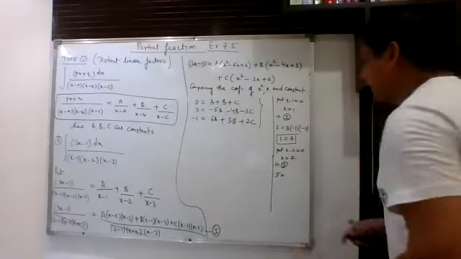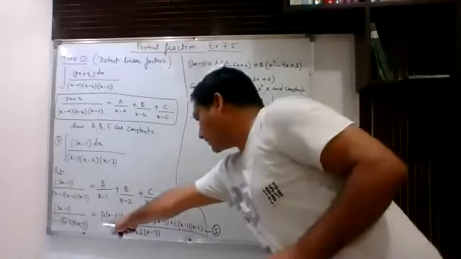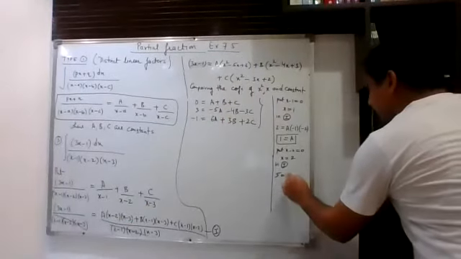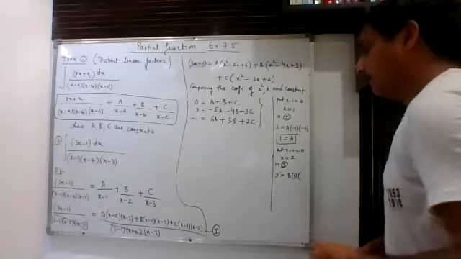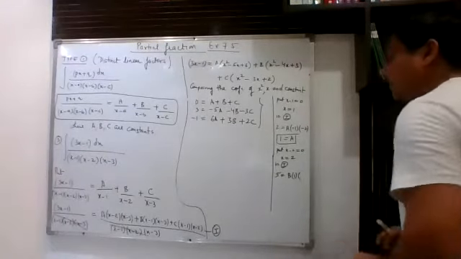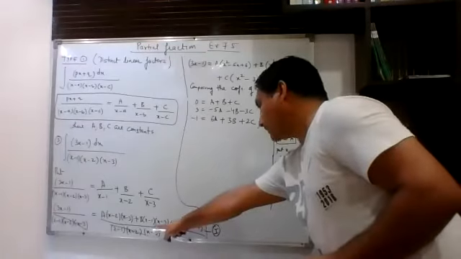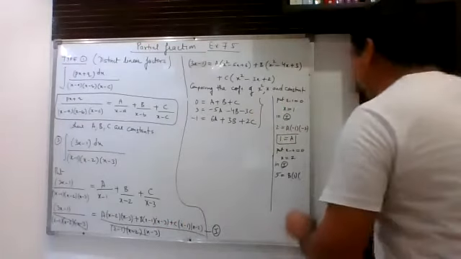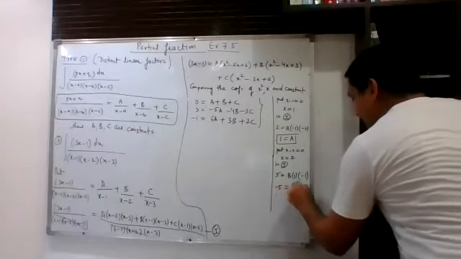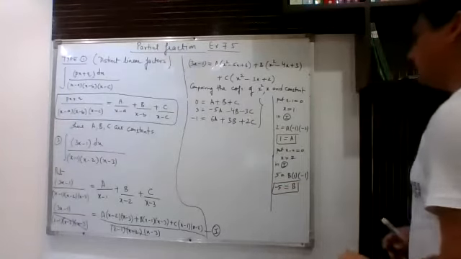So a will vanish because when you are putting 2, then this is 0. This is also 0. This will survive. Only b will survive. This will become b into 1. And here also we are putting 1. So 1 minus, we are putting 2. 2 minus 1 is 1, and 2 minus 3 is minus 1. So your b is coming out to be minus 5. So this is the value of another constant.